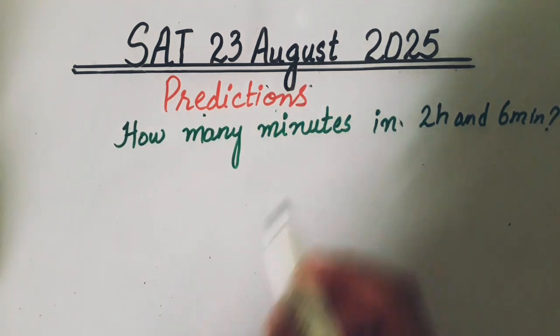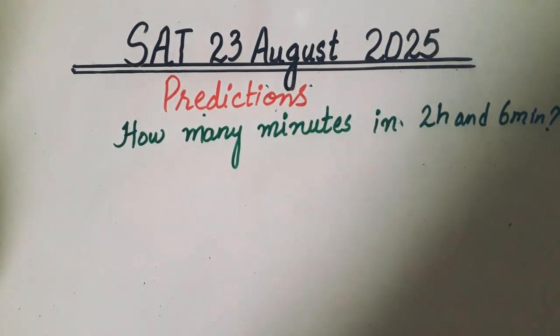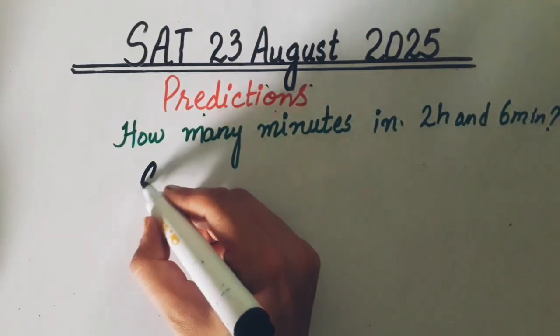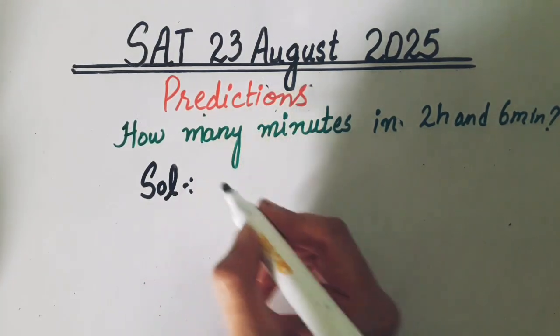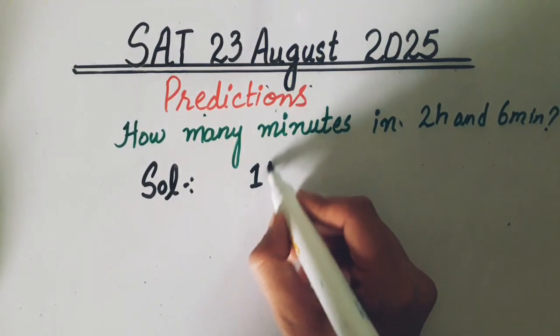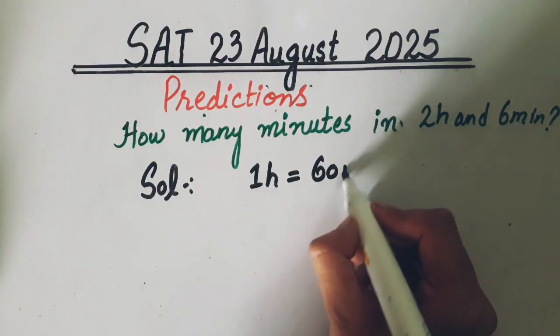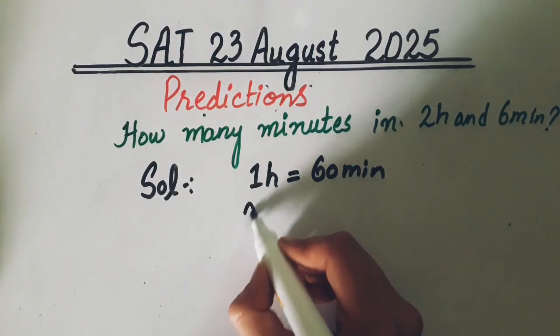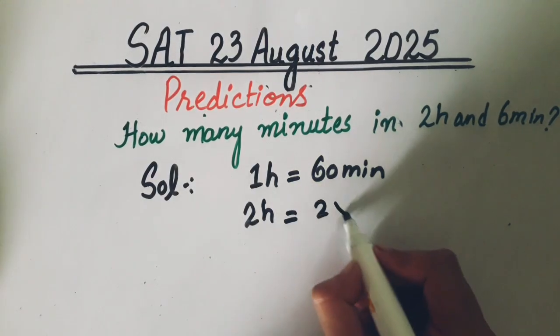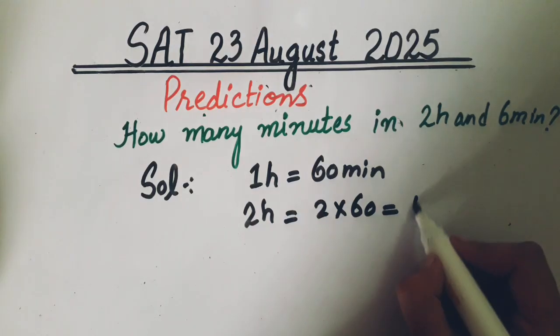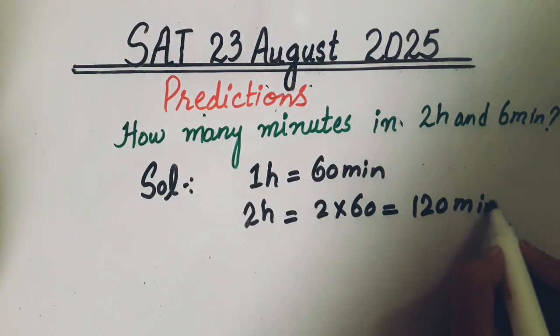Now the next question is, how many minutes in 2 hours and 6 minutes? So we will solve this as, we know that 1 hour equals 60 minutes. That means 2 hours equals 2 multiplied by 60, which means 120 minutes.